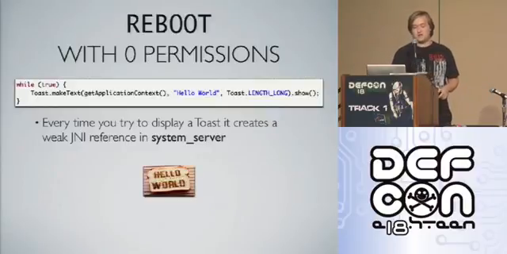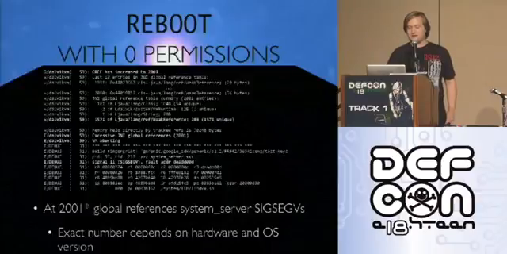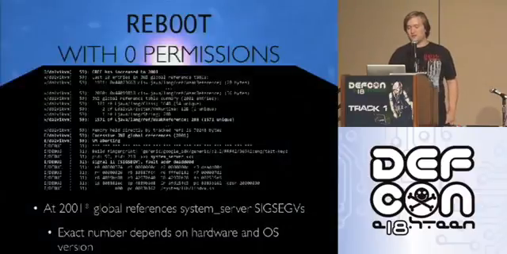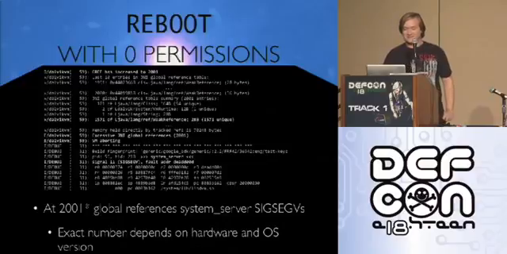Every time that you create and display a toast, it creates a weak JNI reference in the Android system server. And when you get to 2001 global references, the system says, "I can't let you do that, Dave," and throws a SIG-SEGV and crashes the phone.